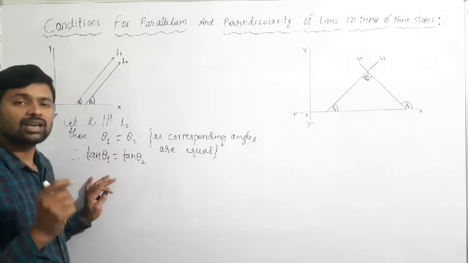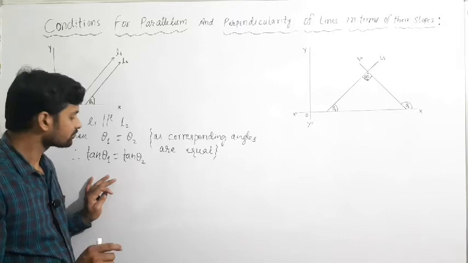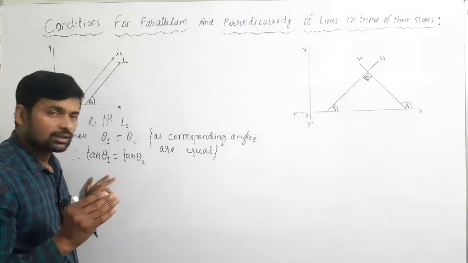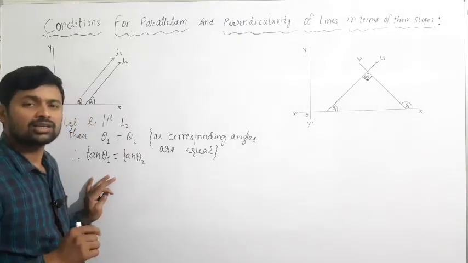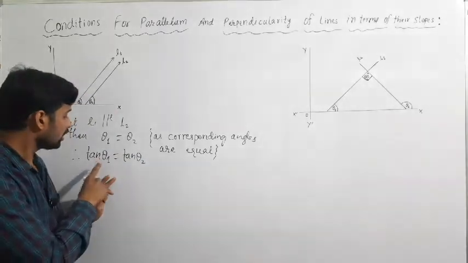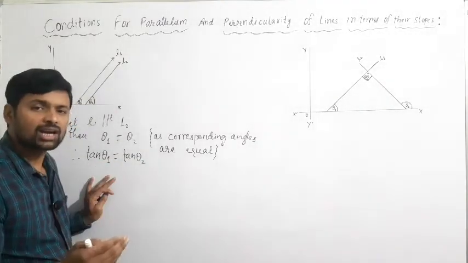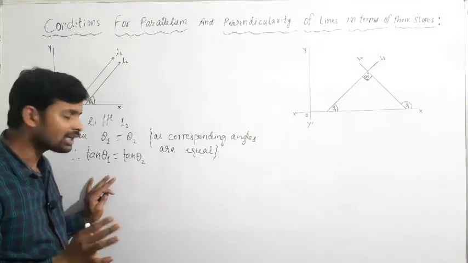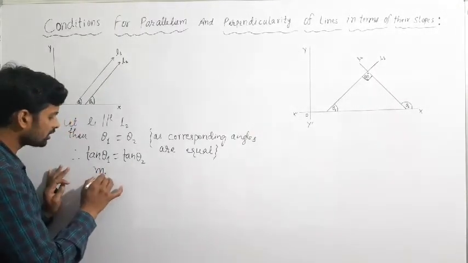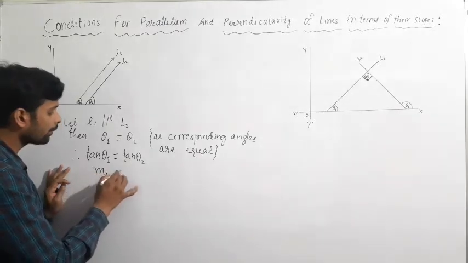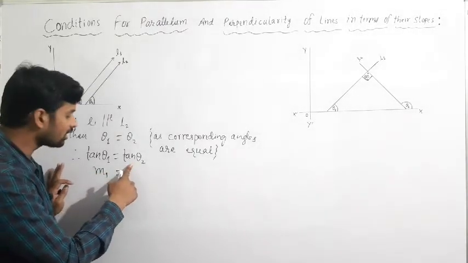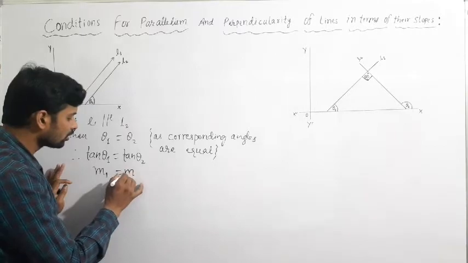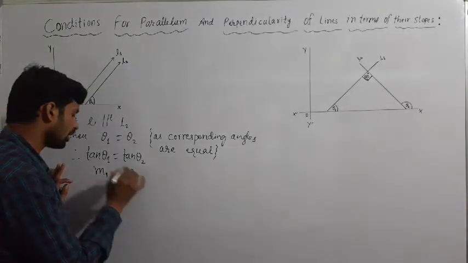The slope of a line having inclination theta is denoted by m. Therefore, if theta 1 is the inclination of a line, then tan theta 1 will be its slope, represented by m1, and similarly for the second line, tan theta 2 is represented by m2.